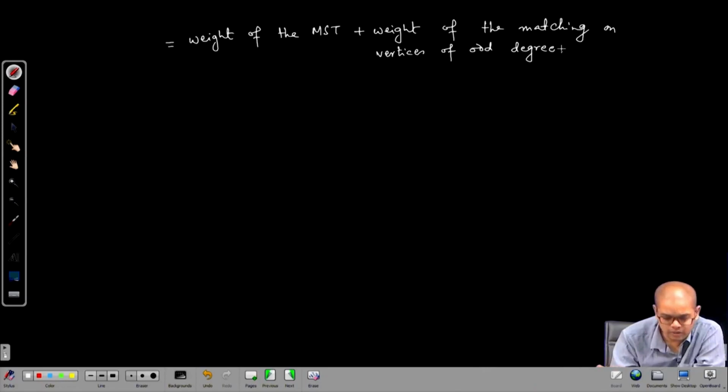Okay. Now, we have observed in our analysis of two factor approximation also that weight of any minimum spanning tree is less than or equal to opt. Why?